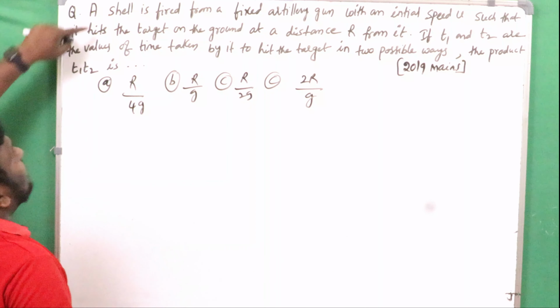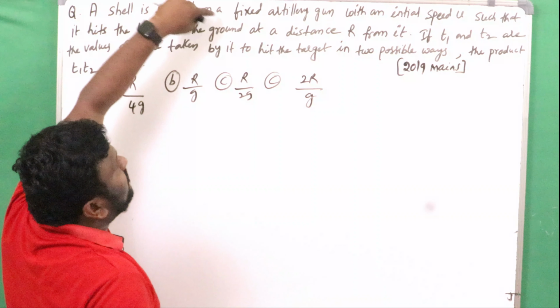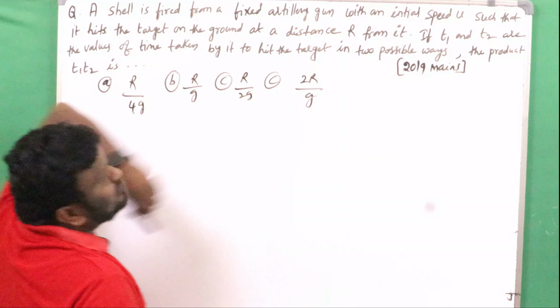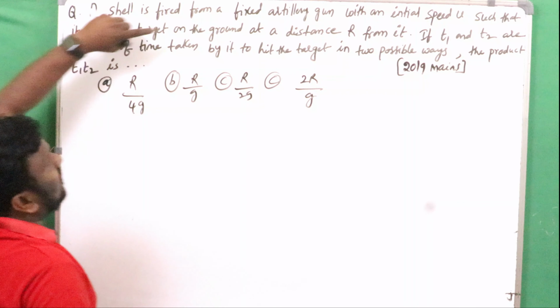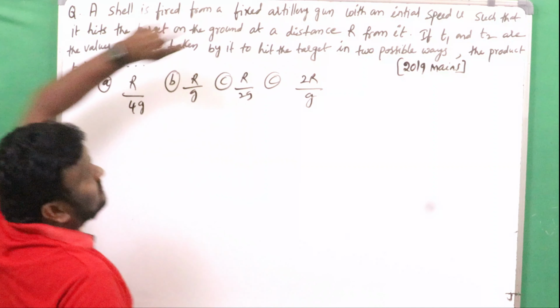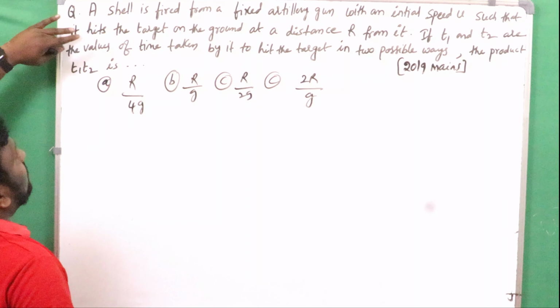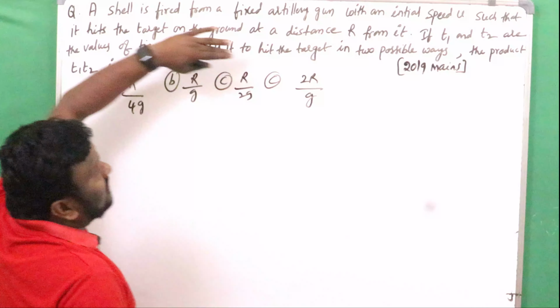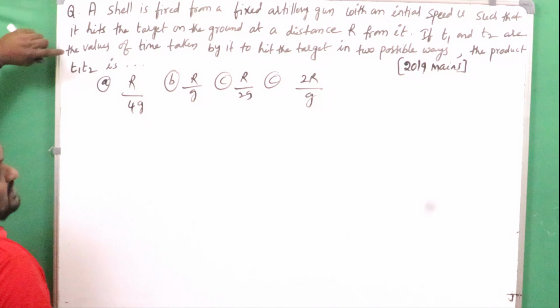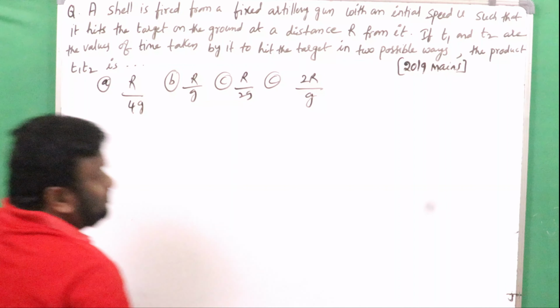So see once again, a shell is fired from a fixed artillery gun with an initial speed u such that it hits the target on the ground at a distance r from it. If T1 and T2 are the values of time taken by it to hit the target in 2 possible ways, the product T1, T2 is.